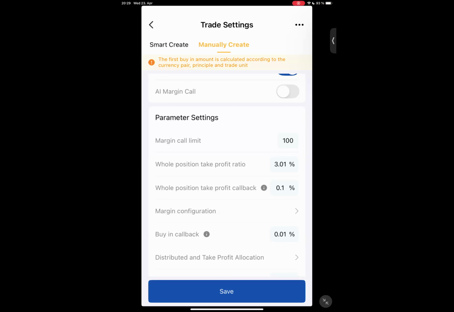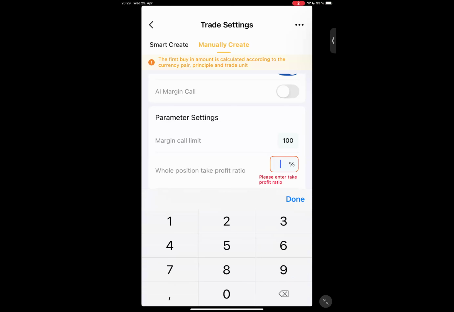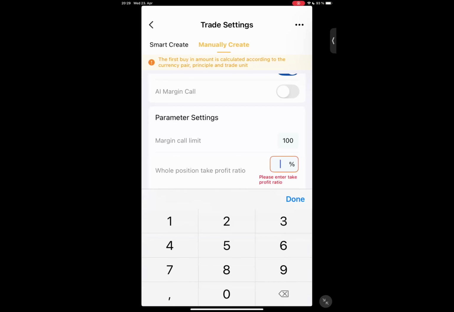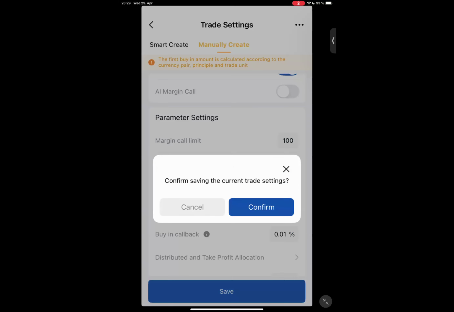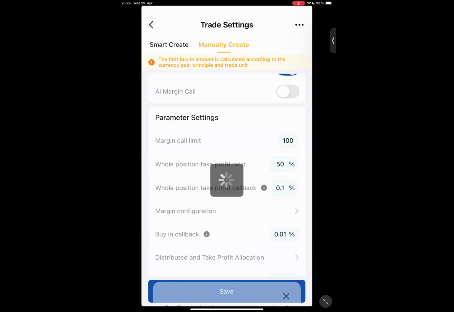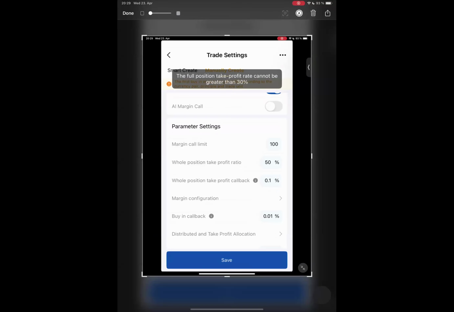All right. So this place, the whole position take profit ratio. If I want to do it 50%, it's not going to work. Why? Because Royal Q says we cannot increase it more than 30.